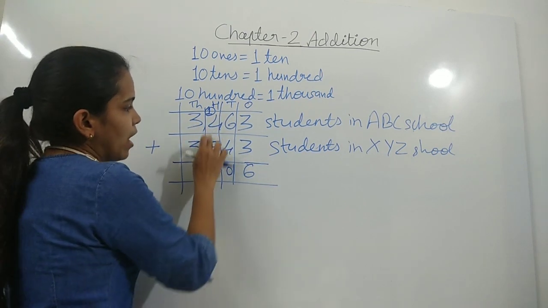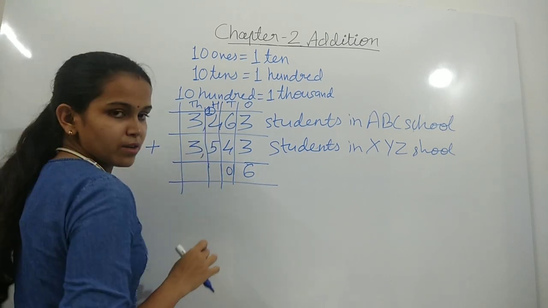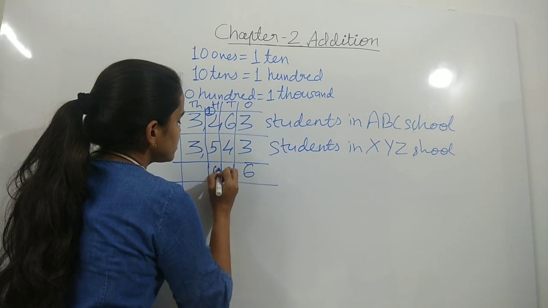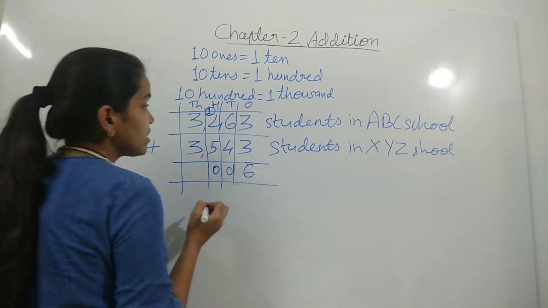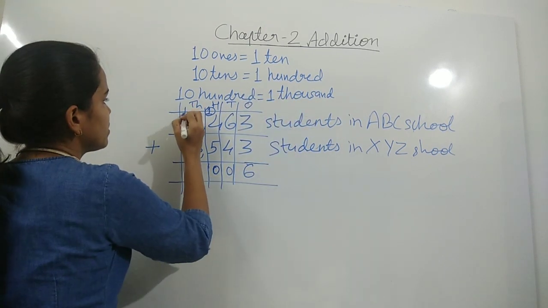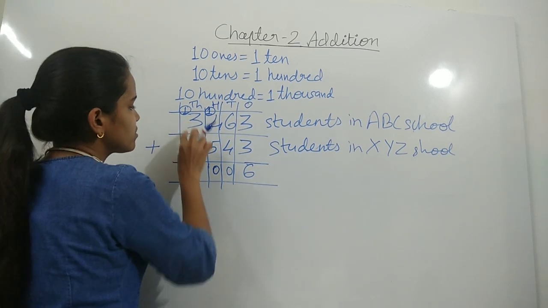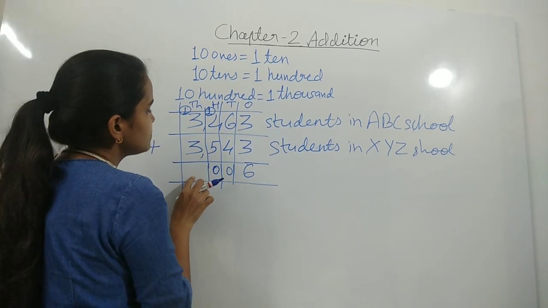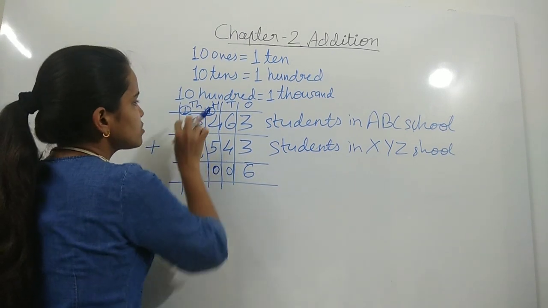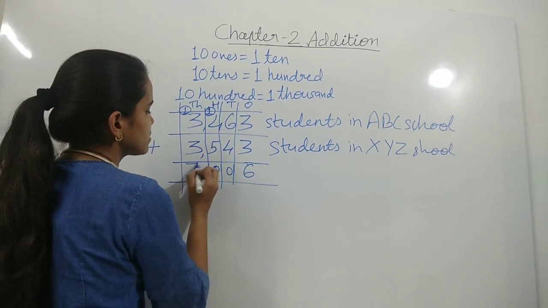Okay. So now we will add the hundreds place. 4 plus 5 will become 9, plus 1. That will become 10 hundreds, which is 1000. So we will write 0 here, and 10 hundreds becomes 1000, so this 1 will be carried to the thousands place. So we will add 3 plus 3, that is 6, and plus 1 is 7.